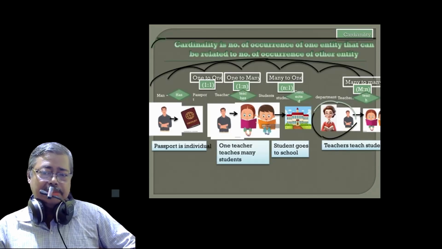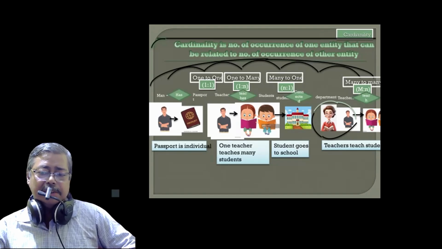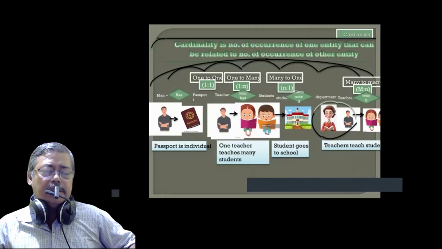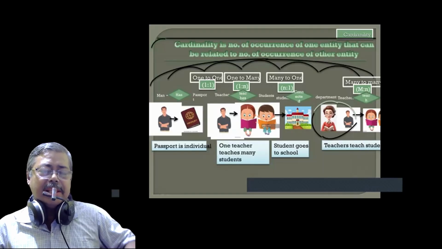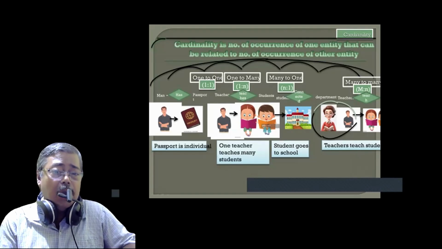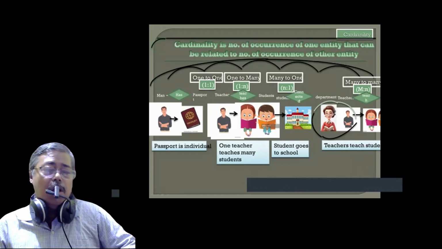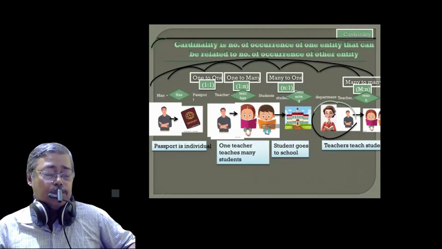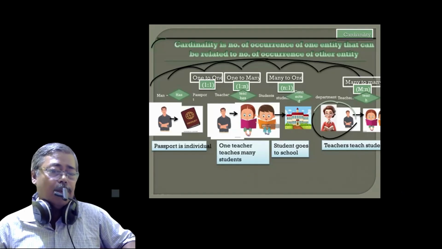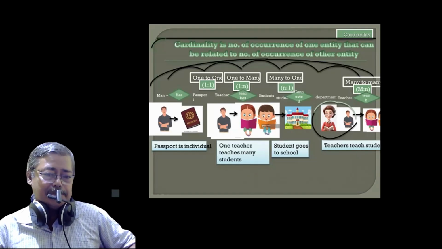Cardinality of the relationships. When the relationships are forming, the cardinality shows how many parts and what the relation is, and how this relationship is forming. First we come to one-to-one relations, that is, one person has one passport.